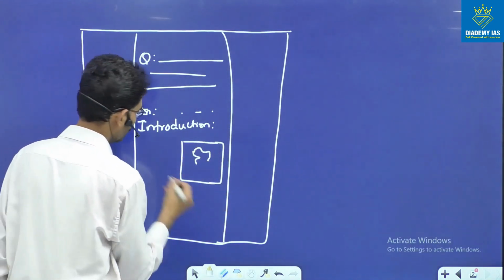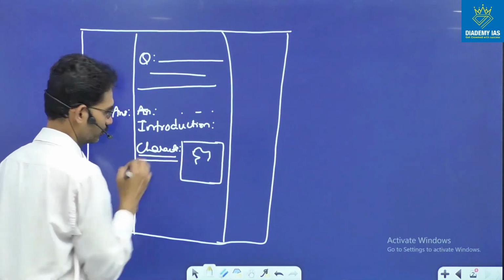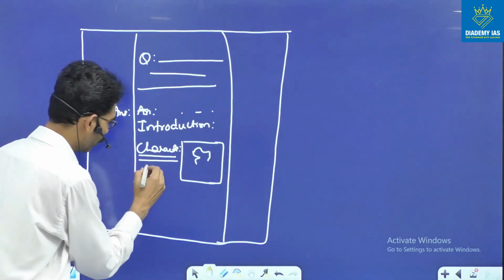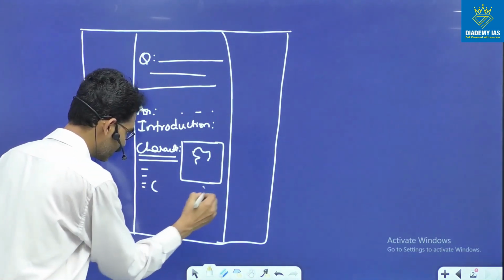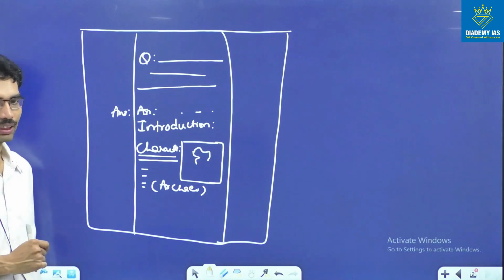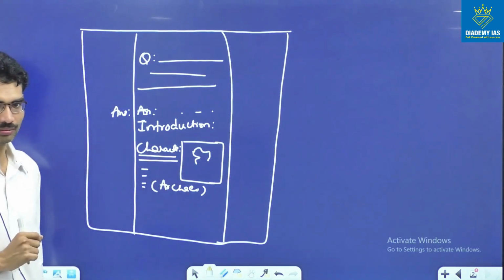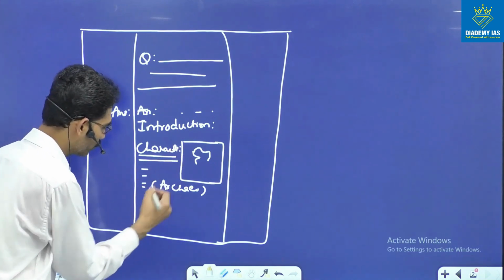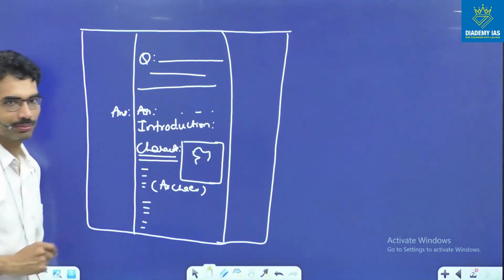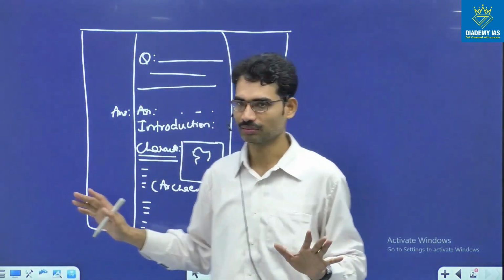Then you will start the characteristics, and while writing the characteristics, there itself you can give archaeological evidence, because it is asking to explain these characteristics with archaeological evidence. There you bring as many characteristics as possible. This is how to write a UPSC answer.